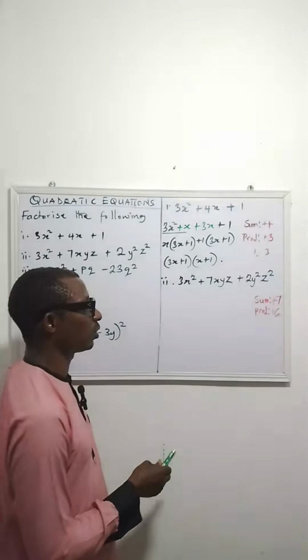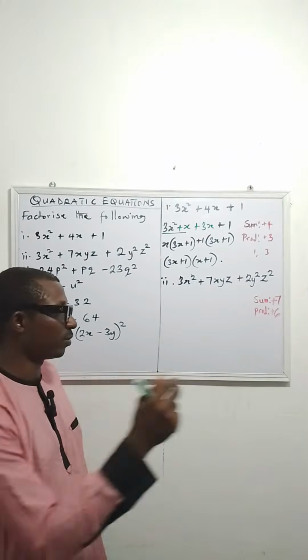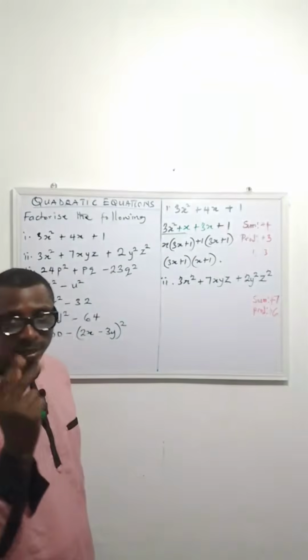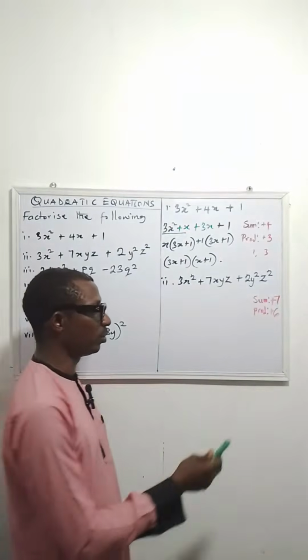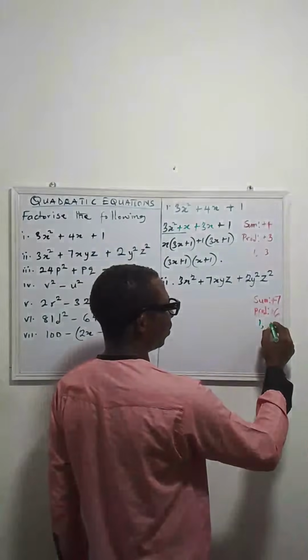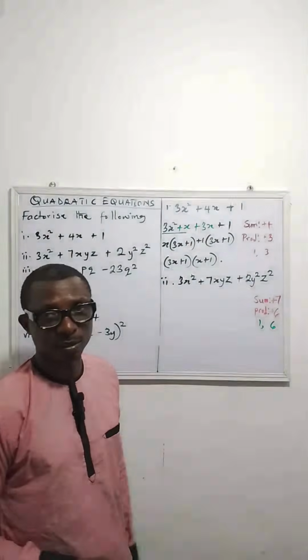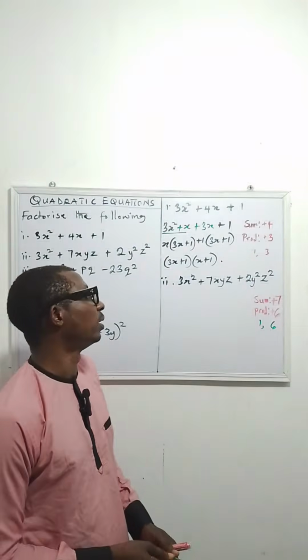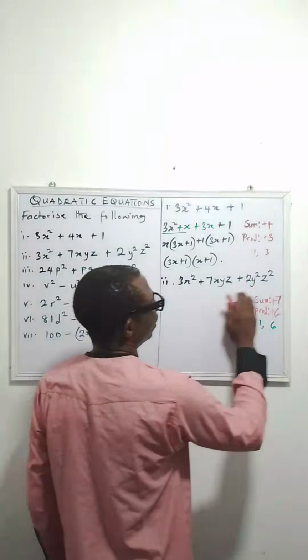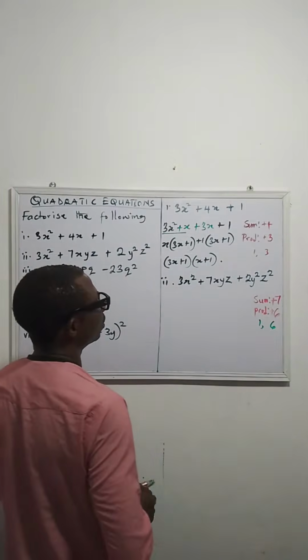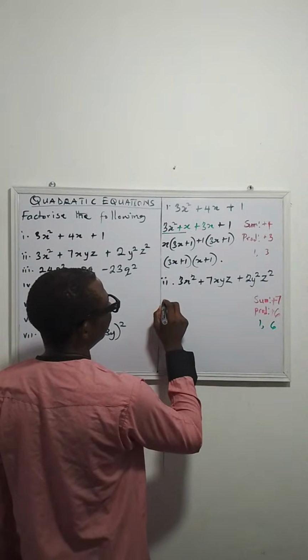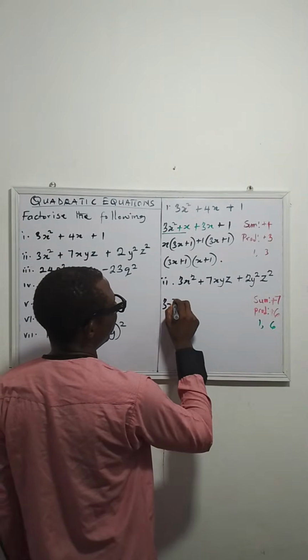The two numbers such that when you multiply together, you have plus 6, and when added together, you have 7. The two numbers are 1 and what? And 6. Both are factors of 6. So now this expression turns to what? We have 3x squared.